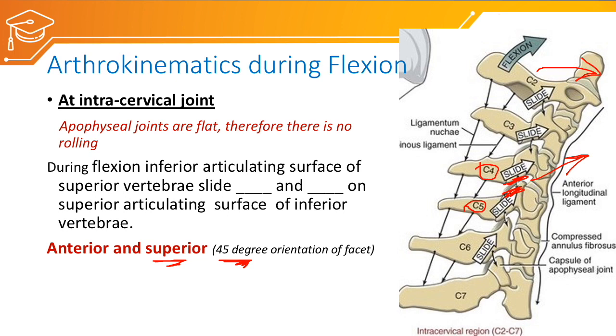Again, I'll repeat, during flexion, C4 is moving anteriorly. This will be the same for C2 through C7. We are just taking the C4 and C5 movement, for example. The C4 vertebra is moving anteriorly during flexion, so its inferior articulating facet will slide anteriorly and superiorly on the superior articulating facet of the inferior vertebra, that is C5.